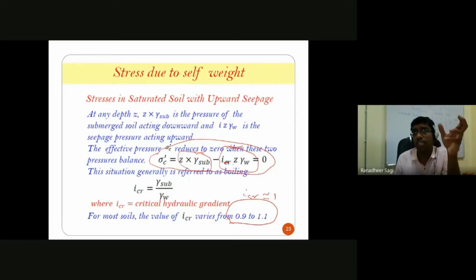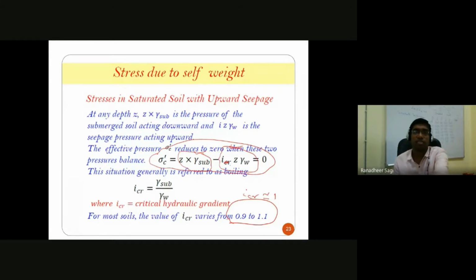Now, if you are asked to calculate how much is the seepage force per unit volume of the soil sample, then this z term is not going to be there. Because once we say volume, we divide i into z into gamma w by z, the depth value. Then what I'll have is only i into gamma w, which gives the seepage force per unit volume of the soil.